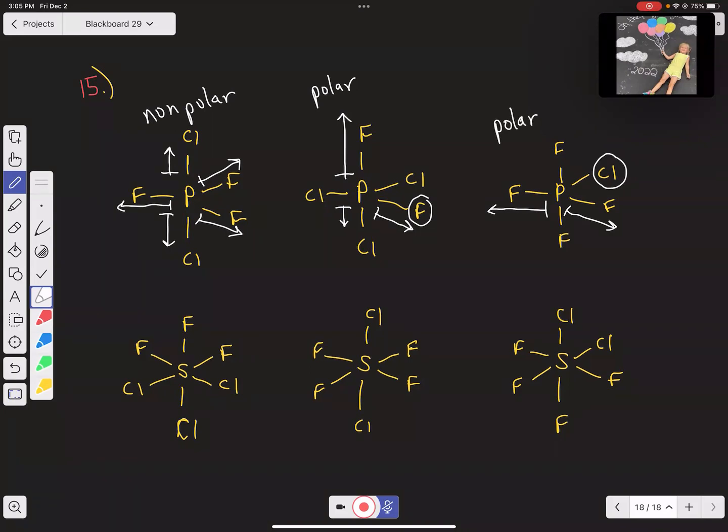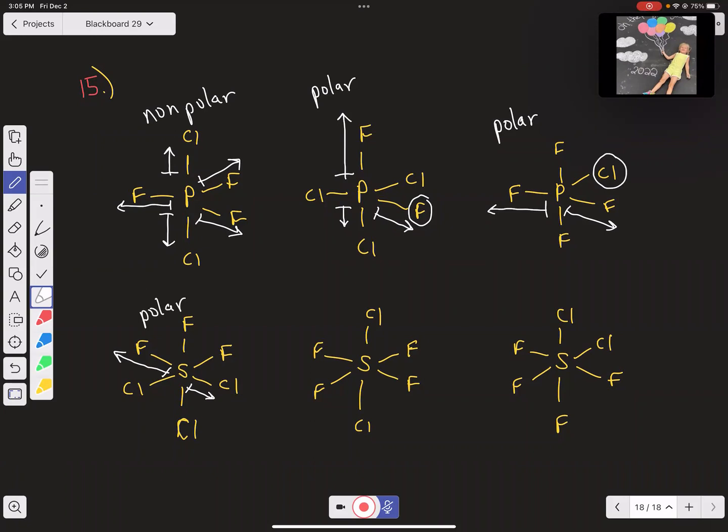So that would be polar as well. We go down here, we're going to see the same issue. We don't have symmetry. So that fluorine is going to outcompete that chlorine on the equatorial positions, and on the axial positions as well. So we're going to have a lack of symmetry.